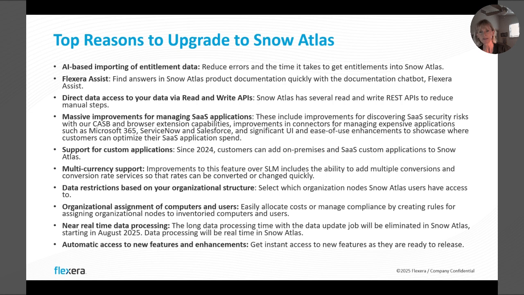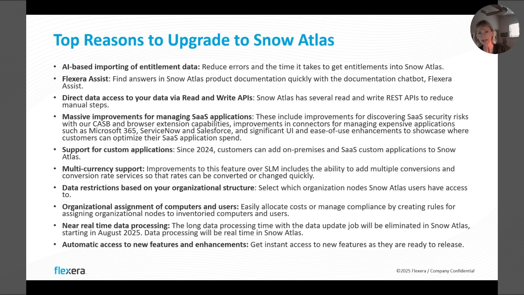We've added so many features for SaaS management with connectors for Cloud Access Security Broker, SSO connectors. Our browser extension now discovers 25,000 applications versus 8,000. We also have major improvements to our Microsoft 365, ServiceNow and Salesforce connectors. So a lot of new features to explore there.